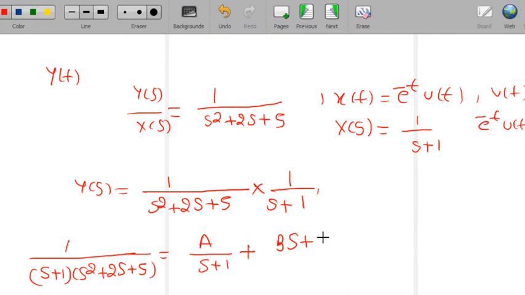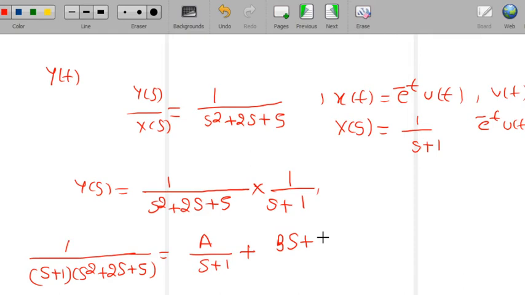Now solve this equation and get the values of a, b and c. So a s square plus 2a s plus 5a plus b s square plus b s plus c s plus c is equal to 1.